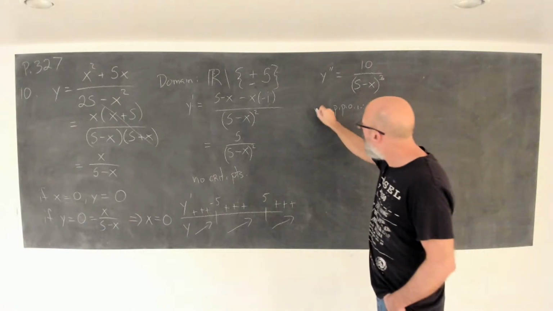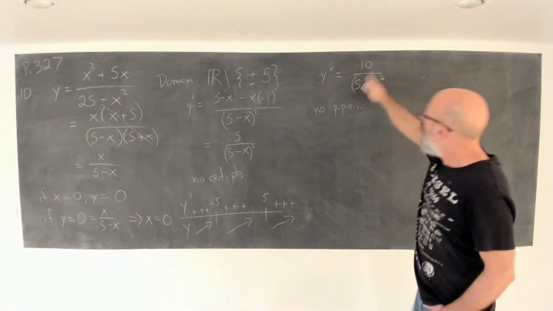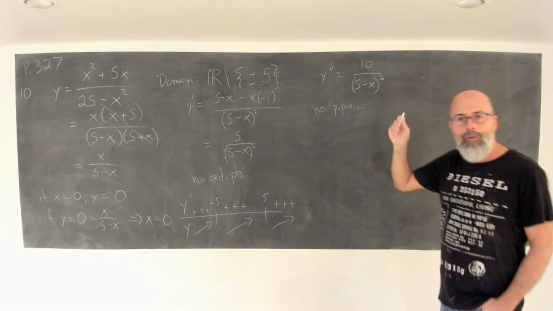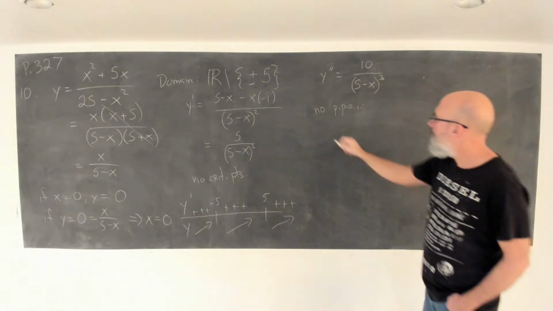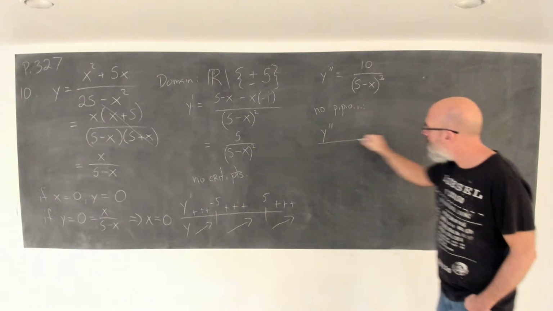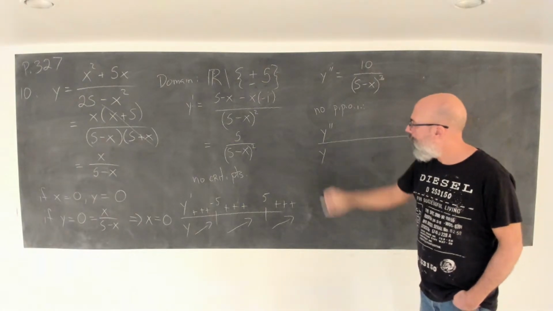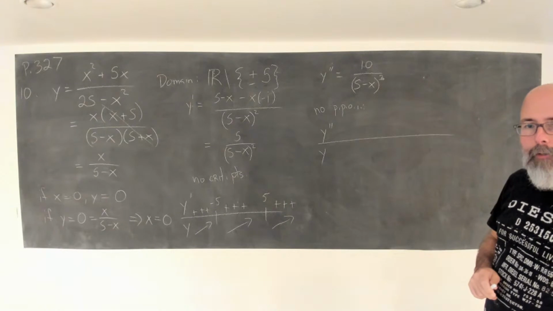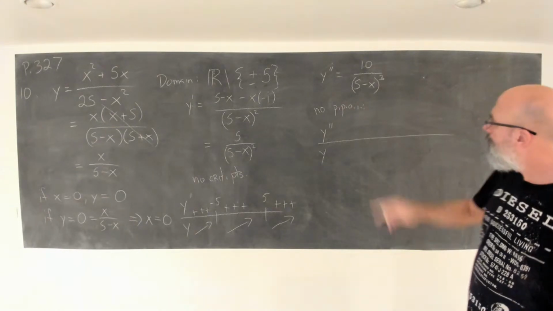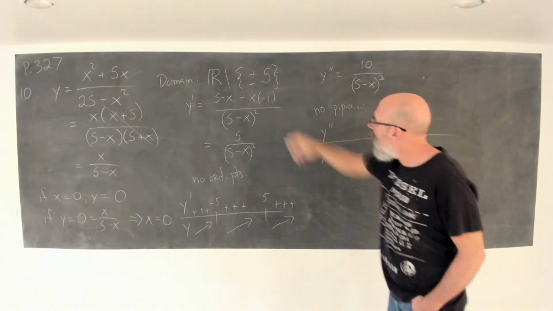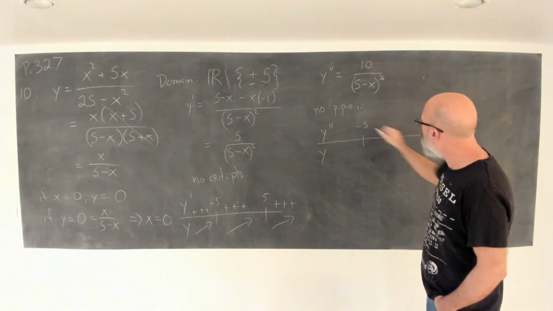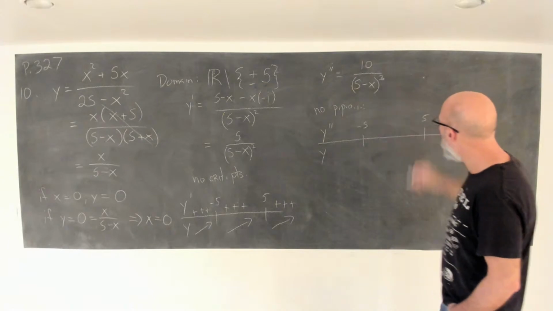None, thank you. Because again, 5 would have been a possible point of inflection, but it's not in the domain. So there are no possible points of inflection. Let's draw a second derivative chart nonetheless. Labeling possible points of inflection, there are none, and points that are not in the domain.